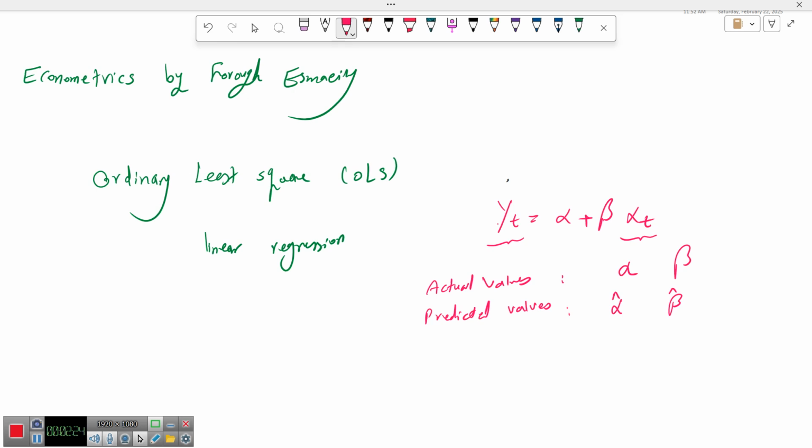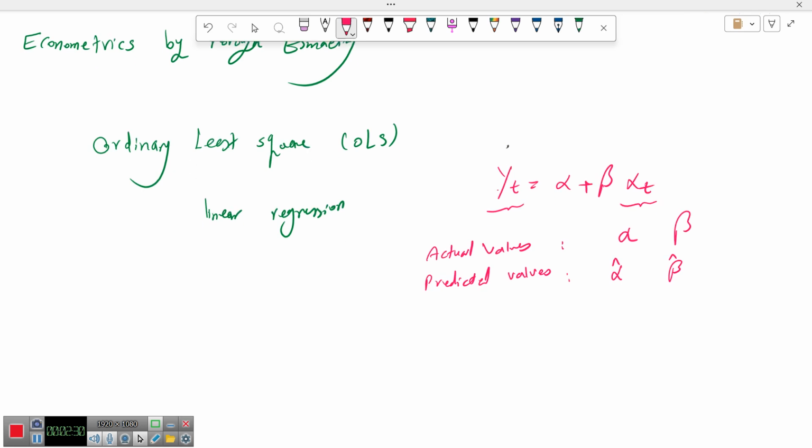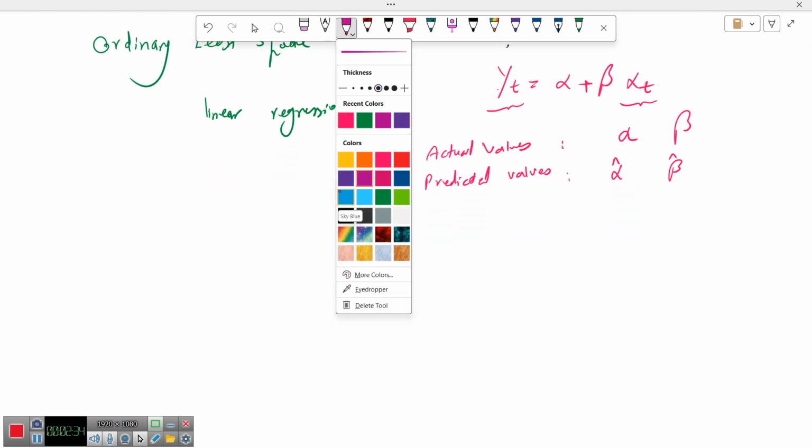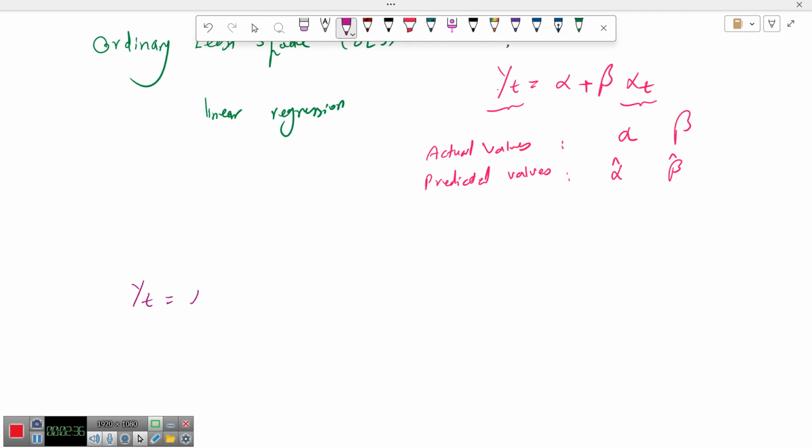The primary goal of the ordinary least square OLS method is to minimize the errors. When we estimate alpha and beta, we have errors. So the goal is minimum errors.